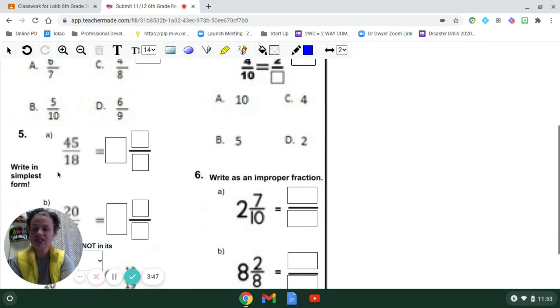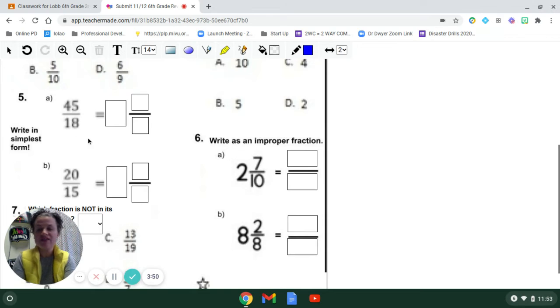Here, when you're writing A and B for number 5 in its simplest form, your whole number is going to go in this box. So how many times can 18 come out of that 45? Well, I know I can take 18 out at least twice, right, to equal 36. So I would put 2 wholes in here. And then 45 minus 36, so I took the 36 out, right? And that's where this 2 wholes comes out.